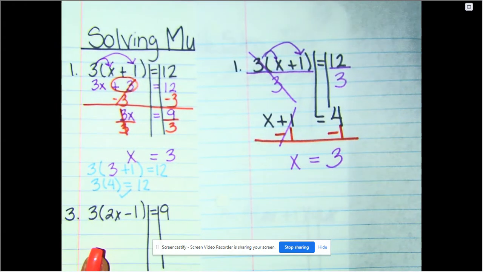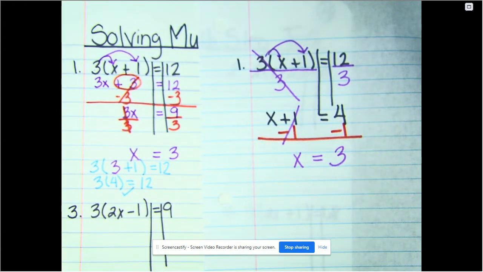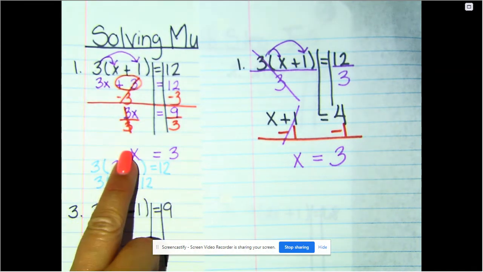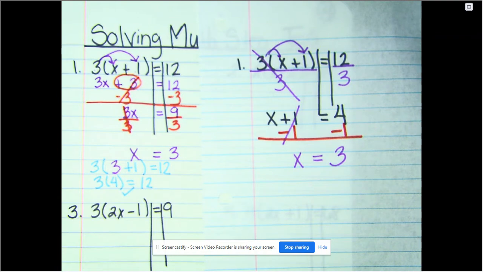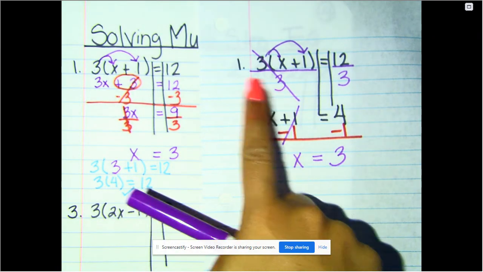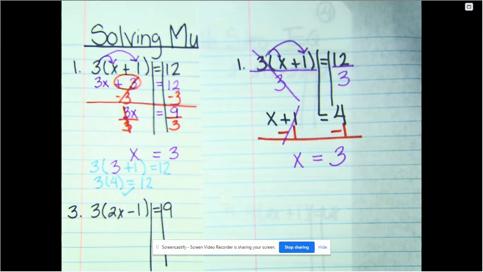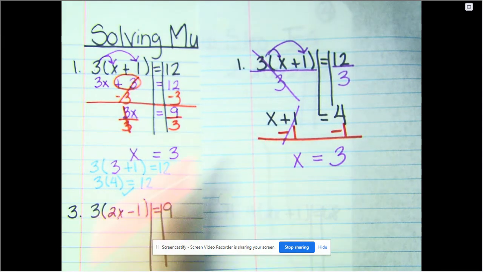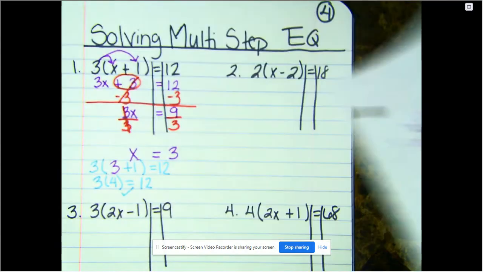And again, you get to choose the method that best works for you. So if you are okay with distributing, getting to a two-step down to a one-step, then feel free to use that method. If you are liking this method better, go ahead and start just dividing the number first that you need to distribute through, which brings you down to a one-step problem. Again, you are able to choose the option that best suits you.